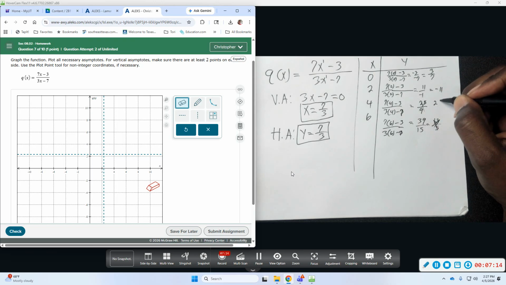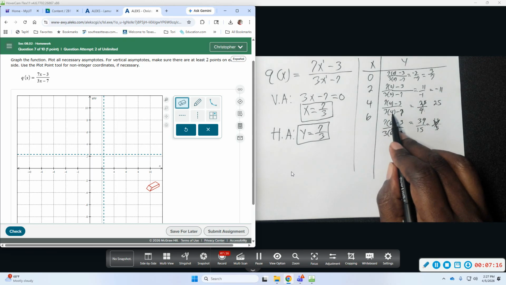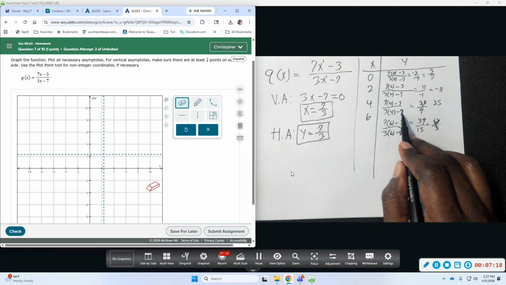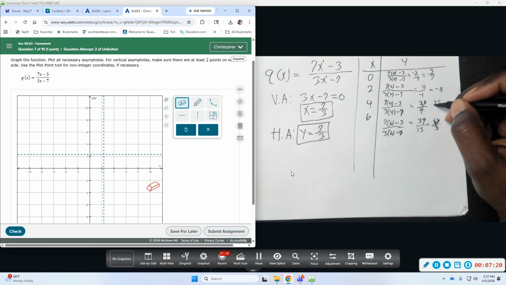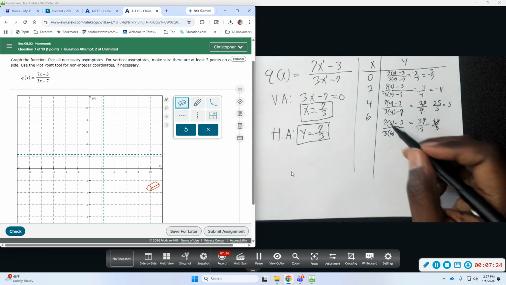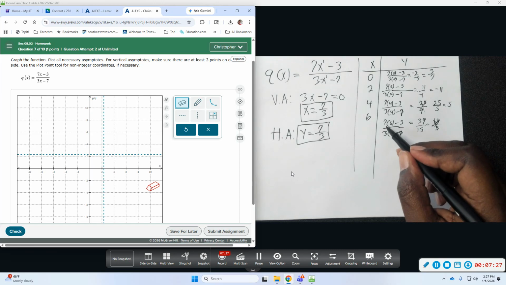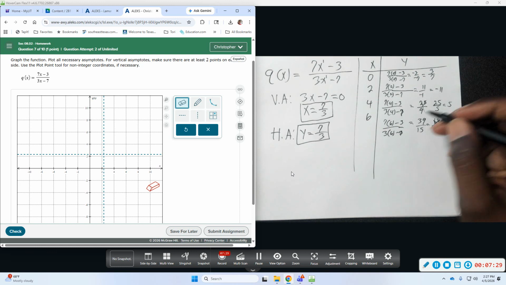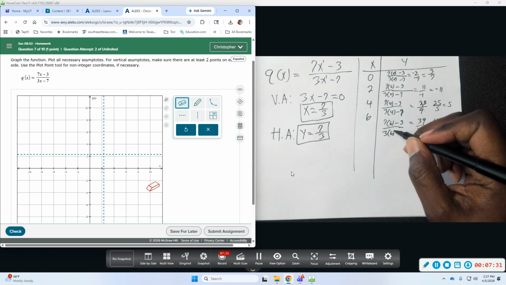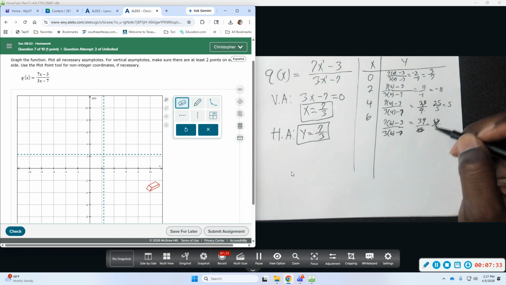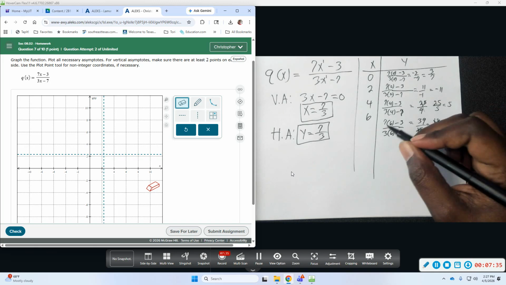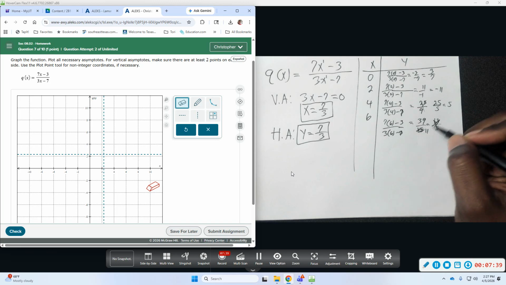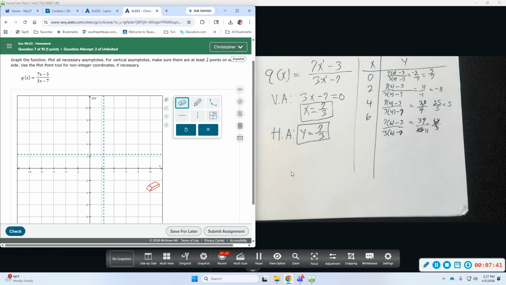So we do get 25 on the top. 3 times 4 is 12. 12 minus 7 is 5. So we just get 25 divided by 5, which is 5. And then here, 42 minus 3, still get a 39. 3 times 6, 18. 18 minus 7, 11. So 39 over 11. Okay, so let's try these new points.